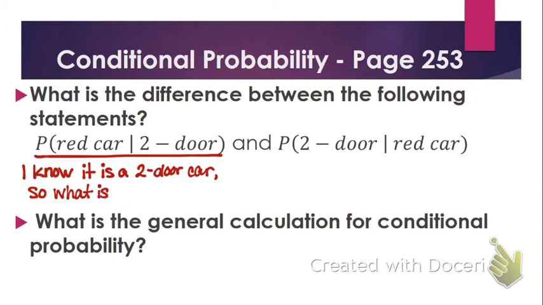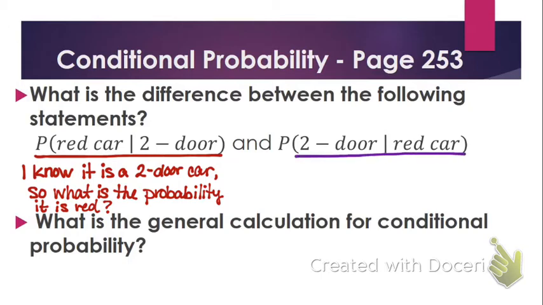That's what this statement is saying. What would the other one mean? It's a red car. And what is the probability of it being a two-door car? Yes, I already know it's a red car, so what's the chances that it only has 2 doors?